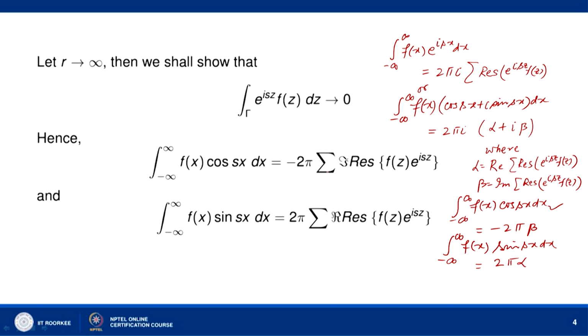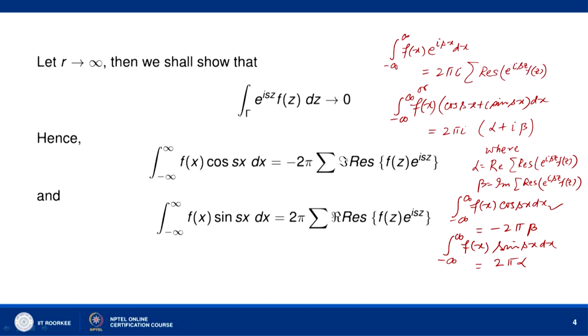So, the sum of the imaginary parts of the residues of f(z) e^(isz), that is β, is multiplied by minus 2π, and here we have the integral of f(x) sin(sx) dx equal to 2π times the real part of this summation, or the summation of the real parts. Okay. So, sigma is the real part of the residue of f(z) e^(isz) for every z which is a pole and lies in the upper half plane.